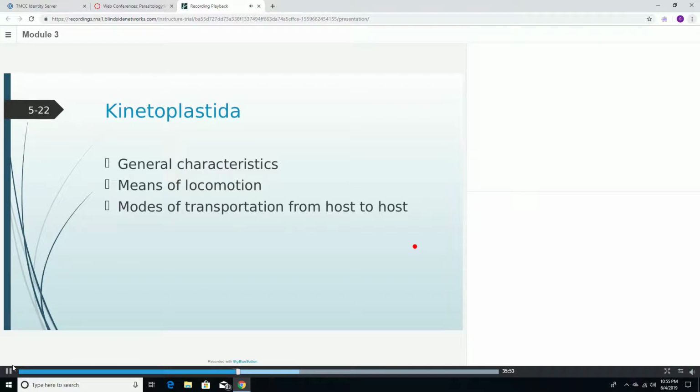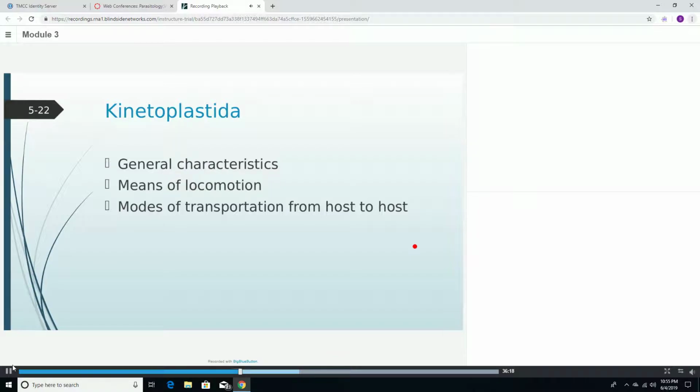So in the genus Trypanosoma, we have two subspecies that we worry about: Trypanosoma brucei rhodesiense and Trypanosoma brucei gambiense. These cause East and West African sleeping sickness, respectively. The diseases are transmitted by the tsetse fly as the intermediate host.